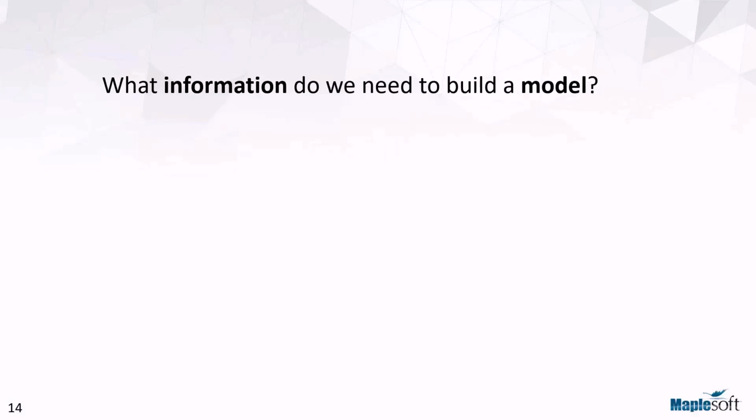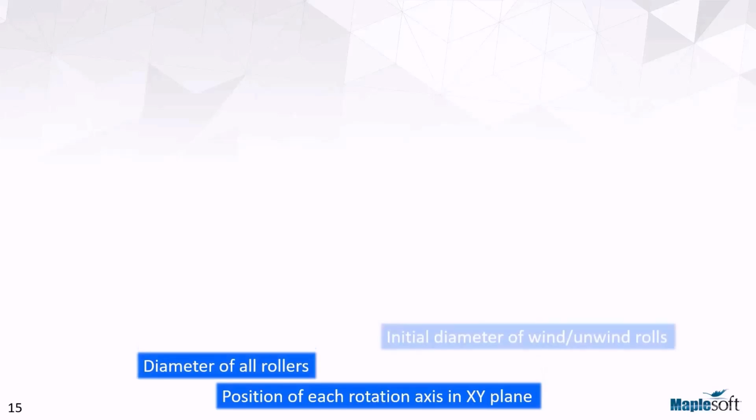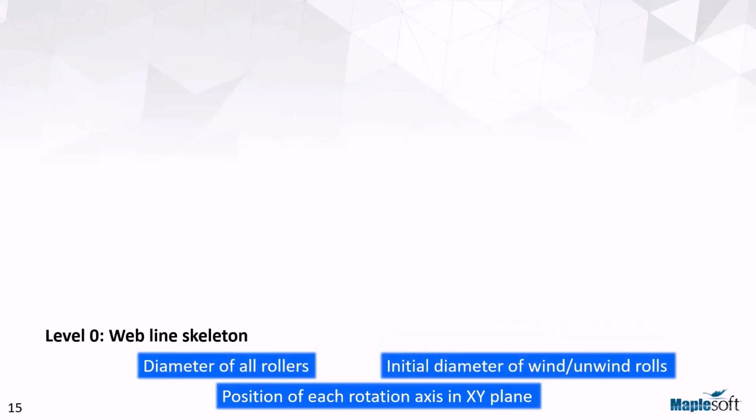So let's now talk about what we need to do a simulation of a web line. Really, the answer is going to rely on what question we want the simulation to answer for us. There is no general recipe for creating a model, but here is a step-by-step look at increasing fidelity of creating a model.